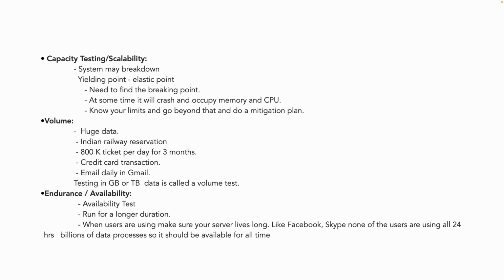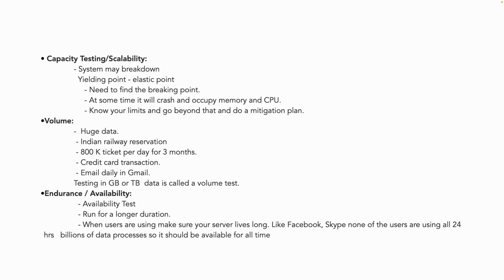Now endurance and availability testing, the last one. We are going to analyze the availability of our systems. We run a load test for a very long time and ensure that our system is available. Take the example of Facebook, Skype. Their availability is almost 24/7, and billions of people are using them for data processing across the board.